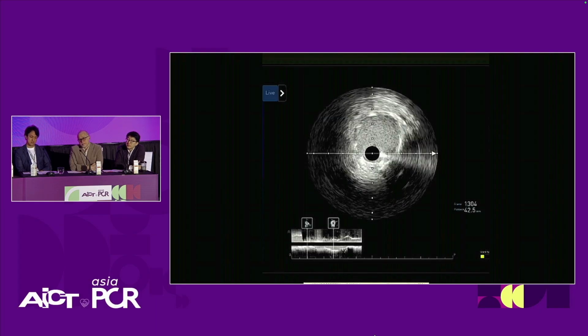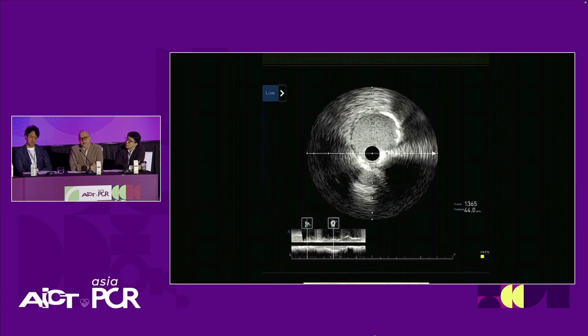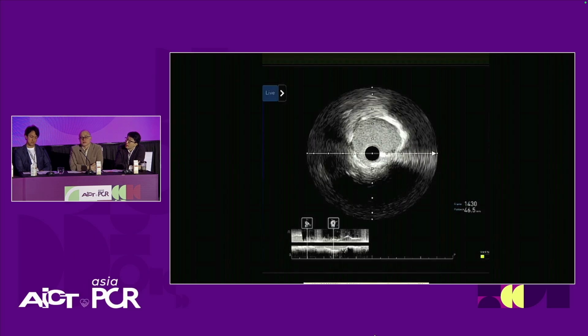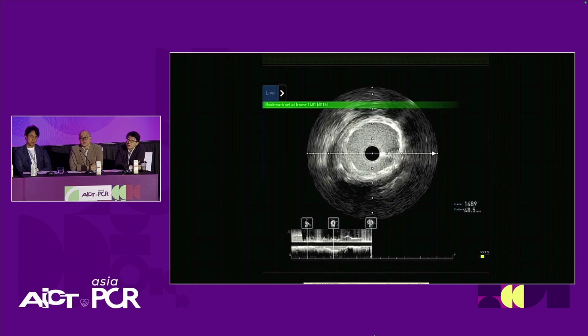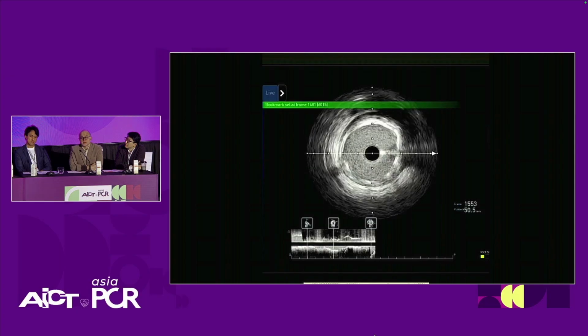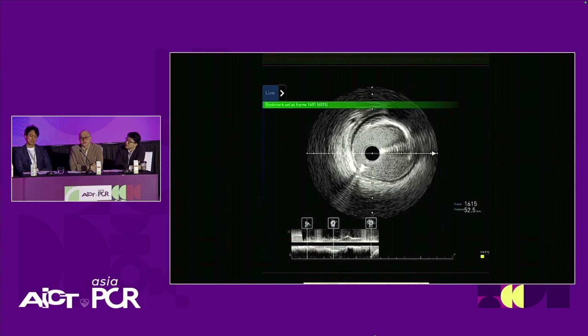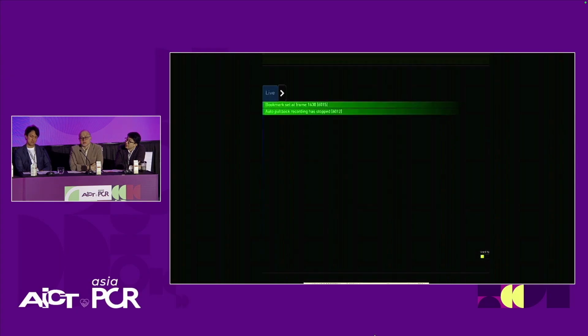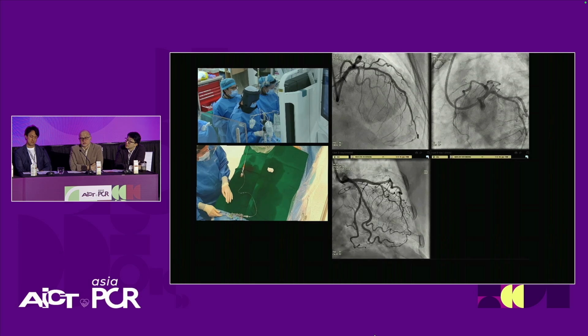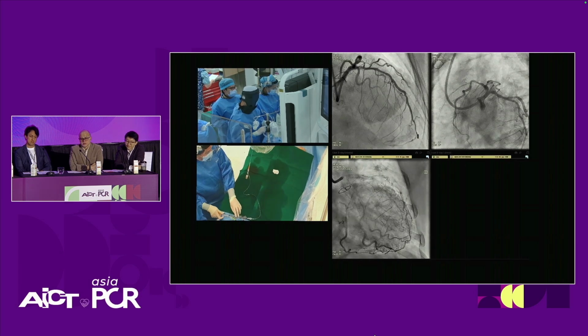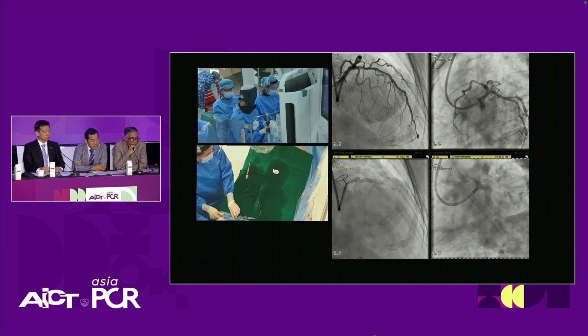So there are some nice features on the DCB. I think we got good luminal gain at the distal part, and the dissection planes tell us, based on animal model studies, that we're going to have a good result and reduced late lumen loss. So I think it's a nice result. And this final angio looks fantastic.